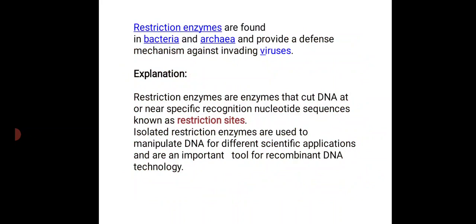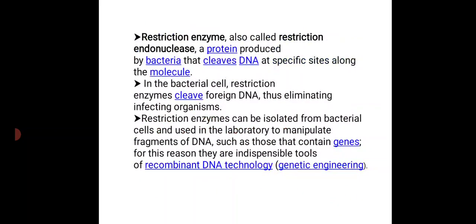Isolated restriction enzymes are used to manipulate DNA for different scientific applications and are an important tool for recombinant DNA technology. Restriction enzymes, also called restriction endonucleases, are proteins produced by bacteria that cleave DNA at specific sites along a molecule.